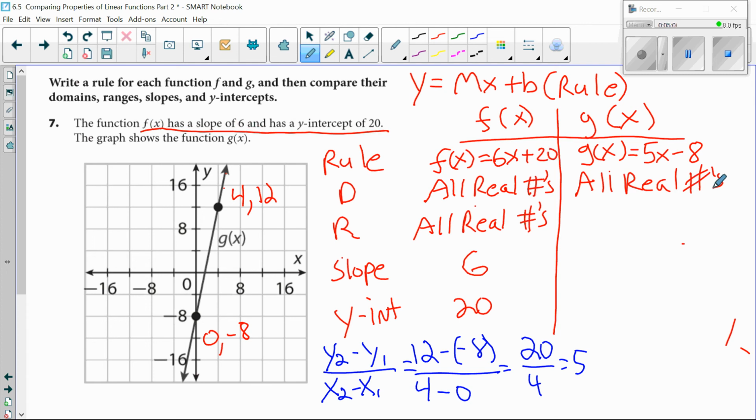It's going to go from the left to the right forever, and it's going to go up and down forever. Now I'm going to go ahead and write my slope, which is 5, and my y-intercept, negative 8.